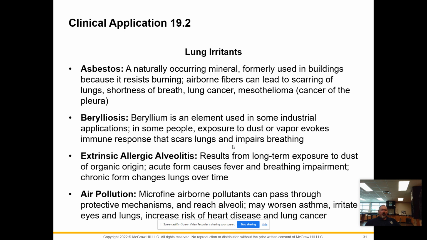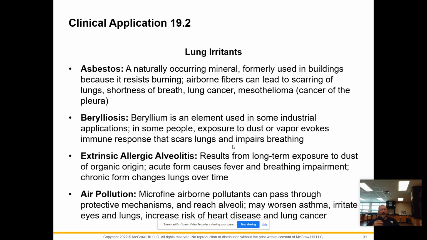The only problem is that when you tear it up, it tends to go airborne. And then when people breathe in those airborne particles, it damages the lung and causes scarring. And then a person doesn't have the same pleural capacity due to the scarring of the alveoli. And whenever those cells try to regenerate, oftentimes it develops something called mesothelioma, which is going to be a cancer of the pleura.